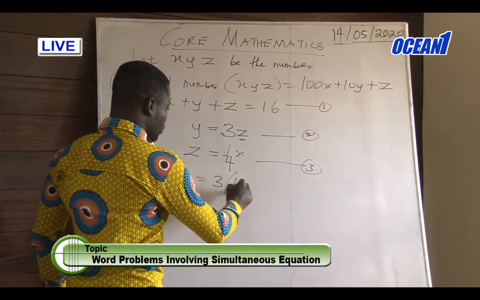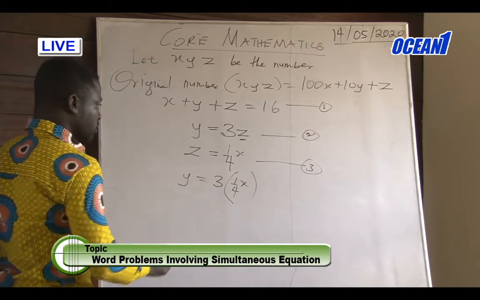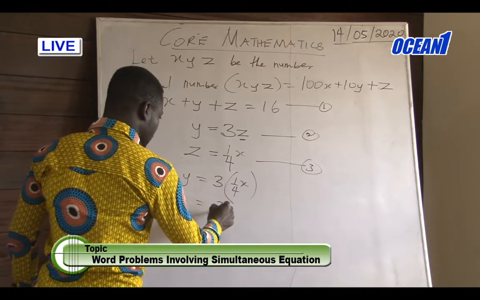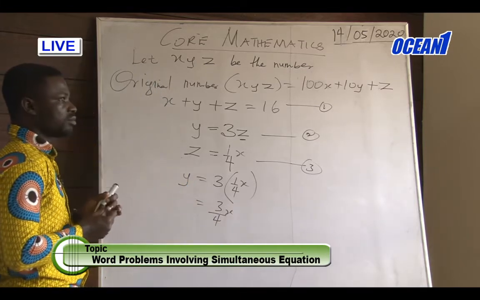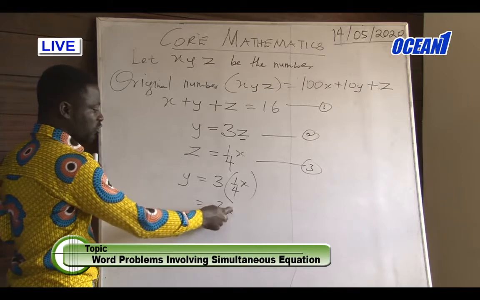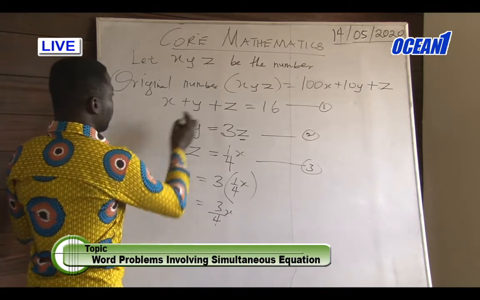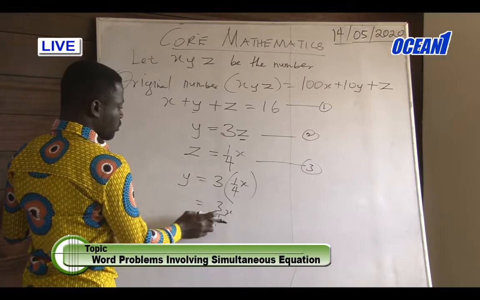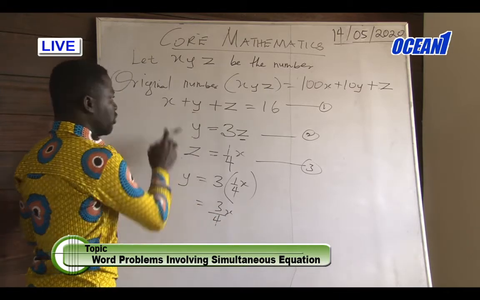That will be 3 times 1/4 x, so we have 3 over 4x. So now y is also 3 over 4x. We have y in terms of x, you also have z in terms of x, and you also have x here.